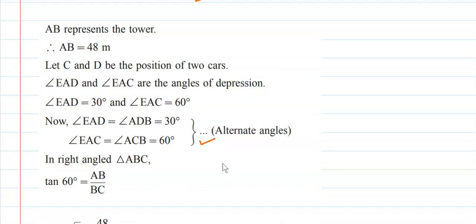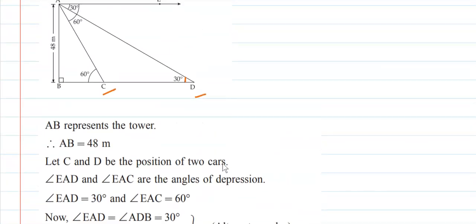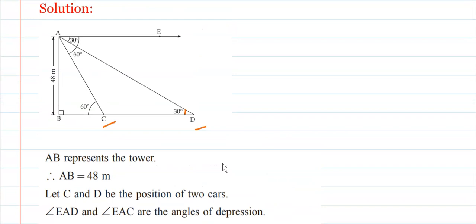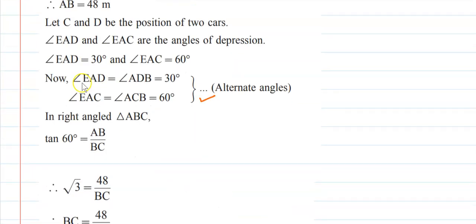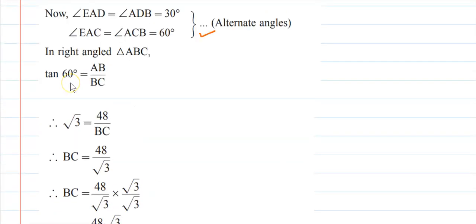Angle EAD is equal to angle ADB, that is 30. Angle EAC is equal to angle ACB. These are the alternate angles, तुम्ही तिथे ते लिहू शकता.